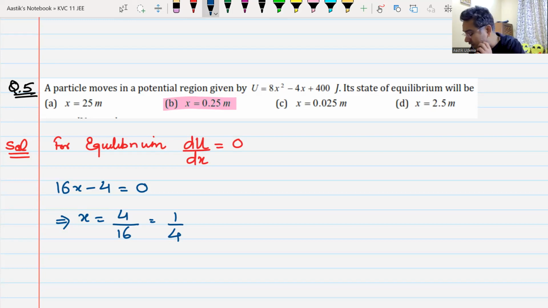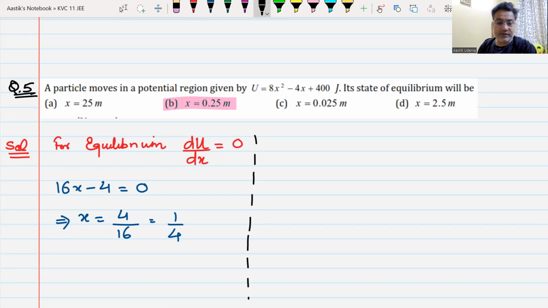Now you have to find out whether the equilibrium is stable or not. How will I find out whether the equilibrium is stable or not? I will find out the second derivative of energy. And what is the second derivative of energy?